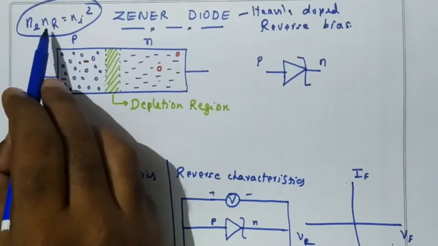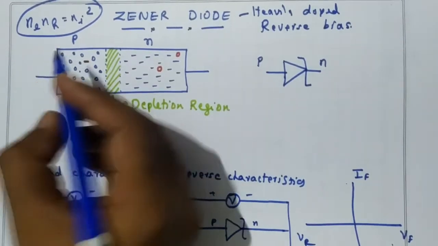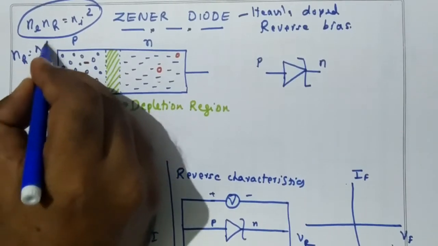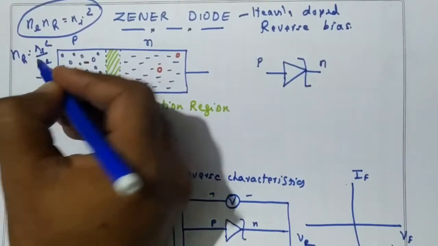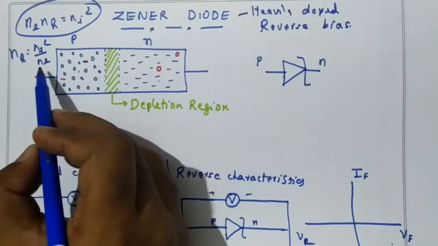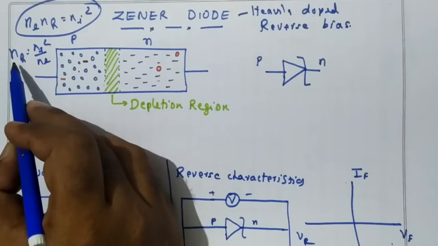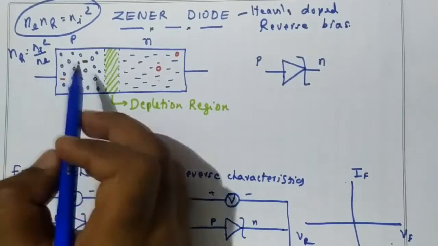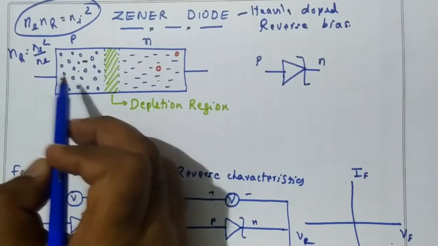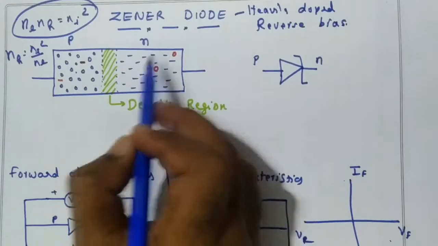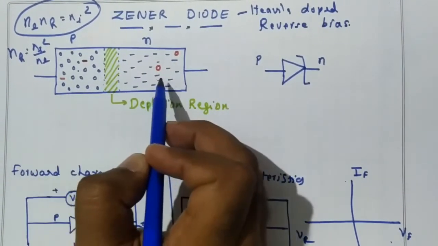So the number of holes, the minority charge carriers, Nh, is equal to Ni² divided by Ne. Ni² is a constant. Now as Ne increases, the number of holes in N-type decreases. Similarly, you can extend the same explanation for P-type also.